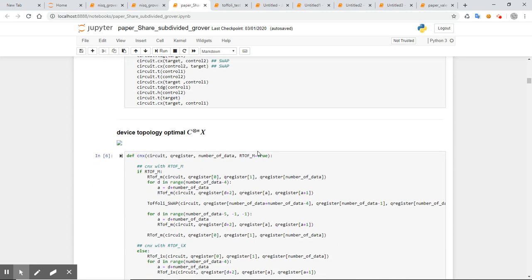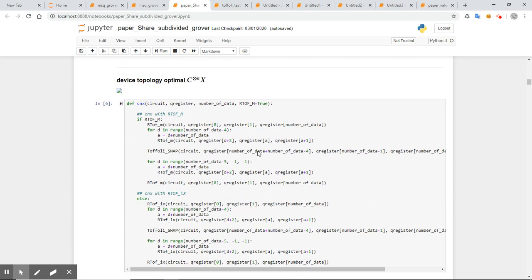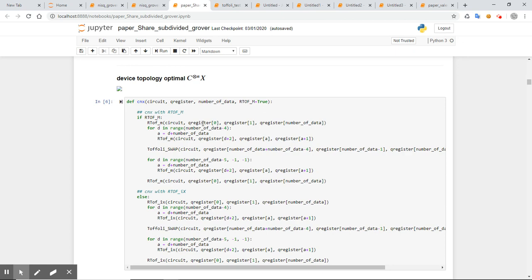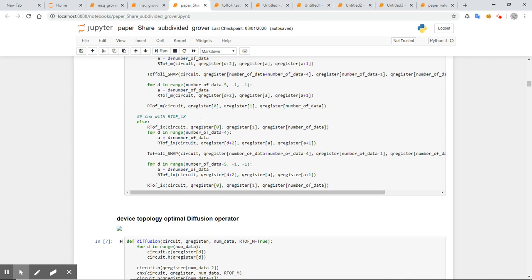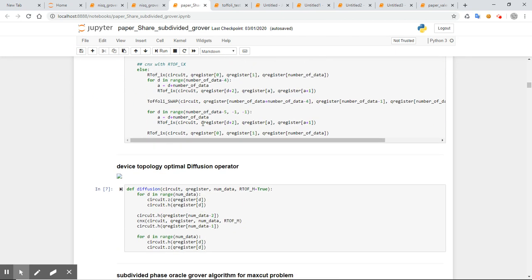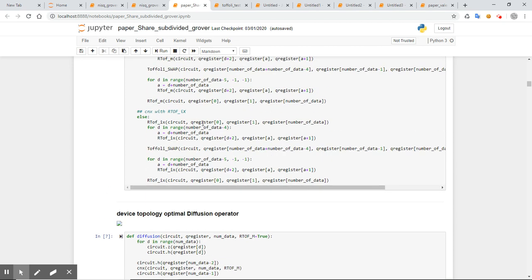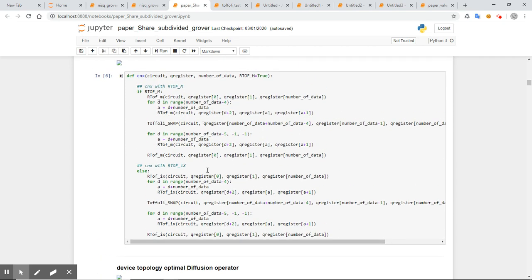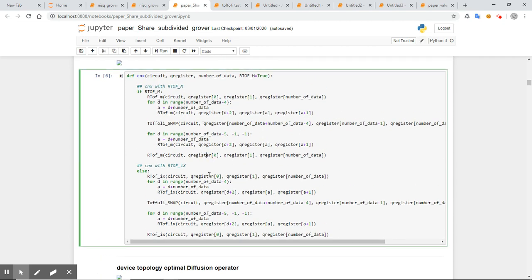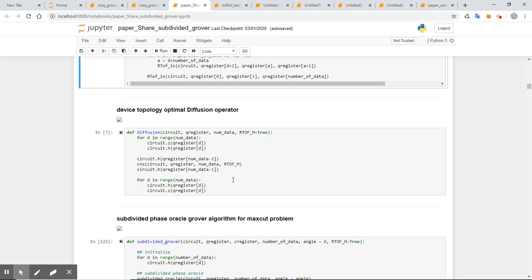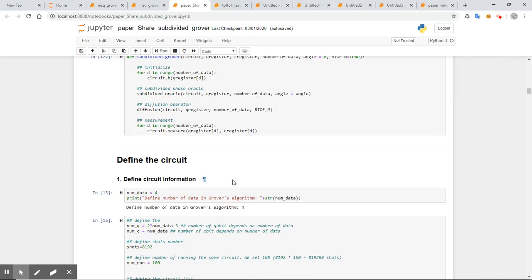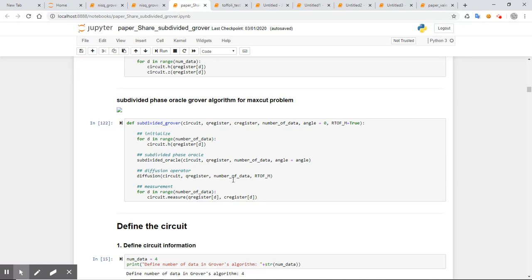Device topology, optimal multi-control X. So here's the uncomputation, that's the stuff that I don't have. And then we're done, right? Because subdivided phase Oracle, global algorithm for Max-Cut problems. So what is this? Initialization, the subdivided Oracle, diffusion.